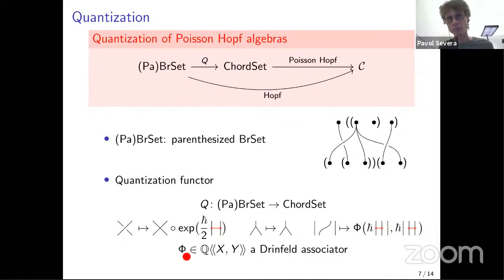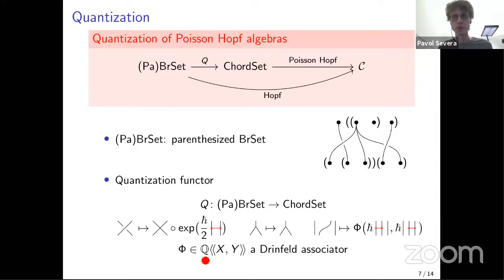This requires some higher technology. If you're willing to live with complex numbers instead of rational numbers, then we can take the associator which comes from the Knizhnik-Zamolodchikov equation. Then the coefficients will be multiple zeta values. But as Drinfeld proved, there is an associator with rational coefficients if we want it.